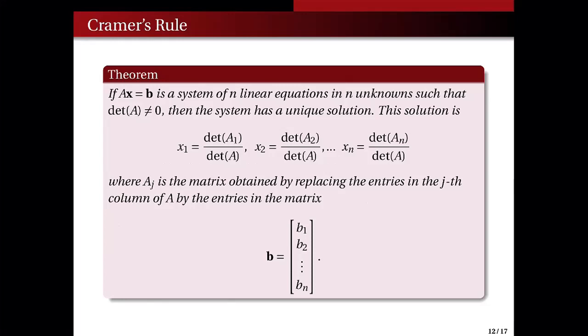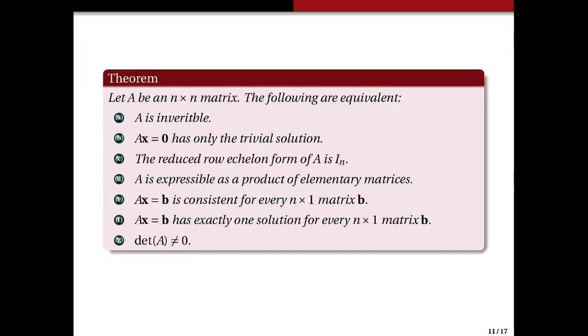Suppose that the determinant of A is not equal to 0. Then the system has a unique solution, and we know that from this theorem here. There is exactly one solution.